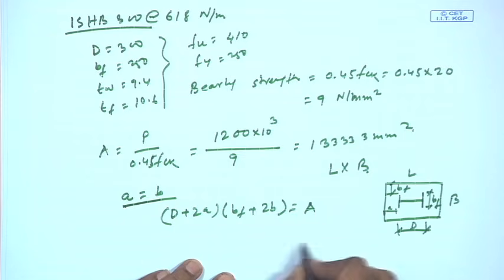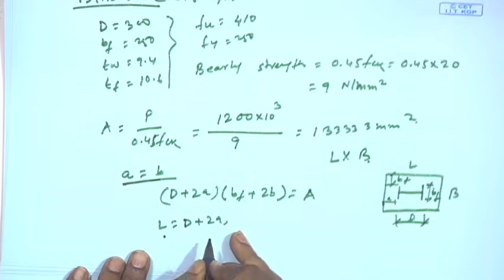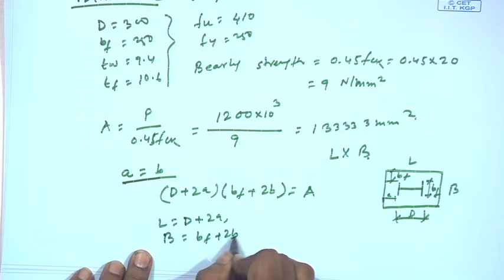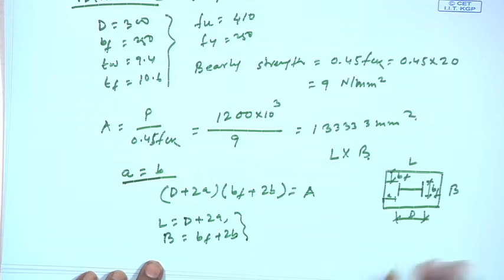So, length will be D plus 2A and width will be BF plus 2B. So, the total area, length into breadth, will be this.